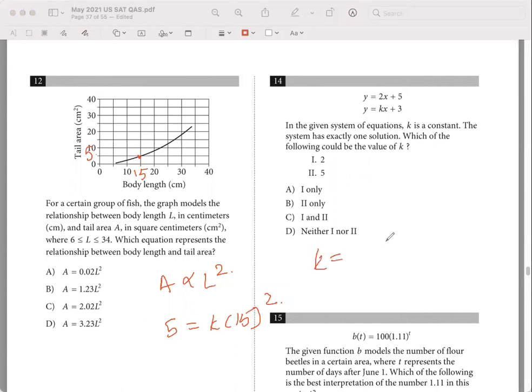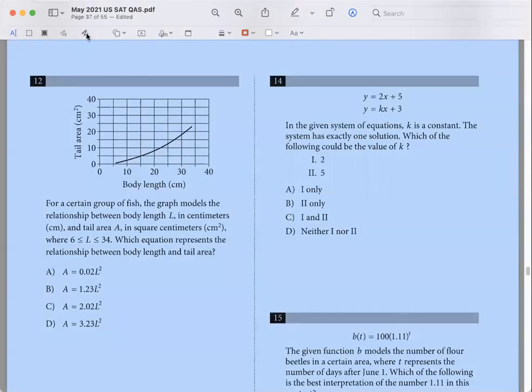So K is 5 by 225, which is definitely less than 1. And the only option with less than 1 value of K is option A. So that's the right answer. Let me clear this and just mark A here. Yeah, this is A.